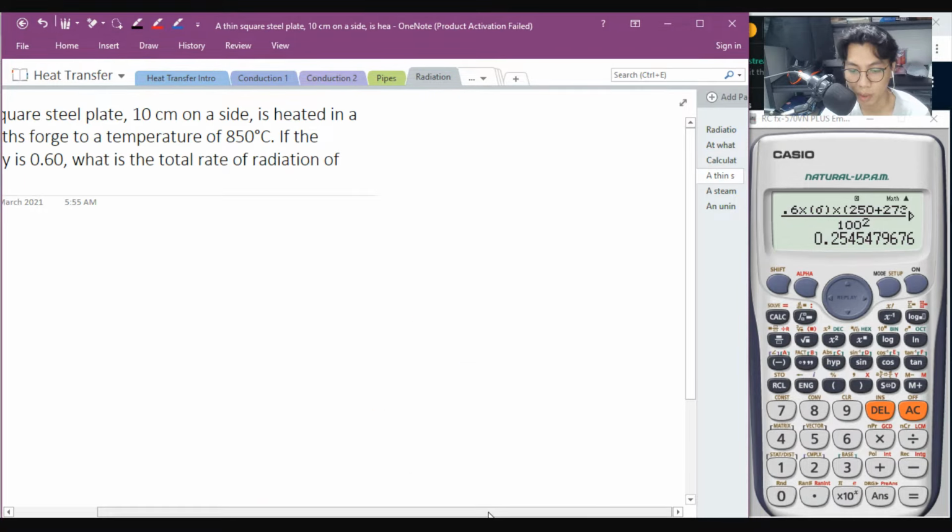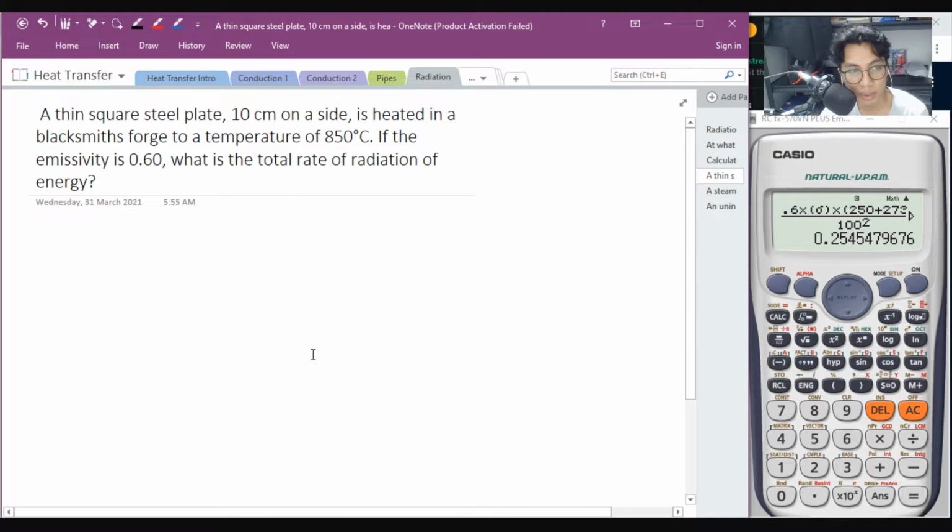Okay. So, problem number 3. A square steel plate, 10 cm on a side, is heated in a blacksmith forge to a temperature of 850 degrees Celsius.